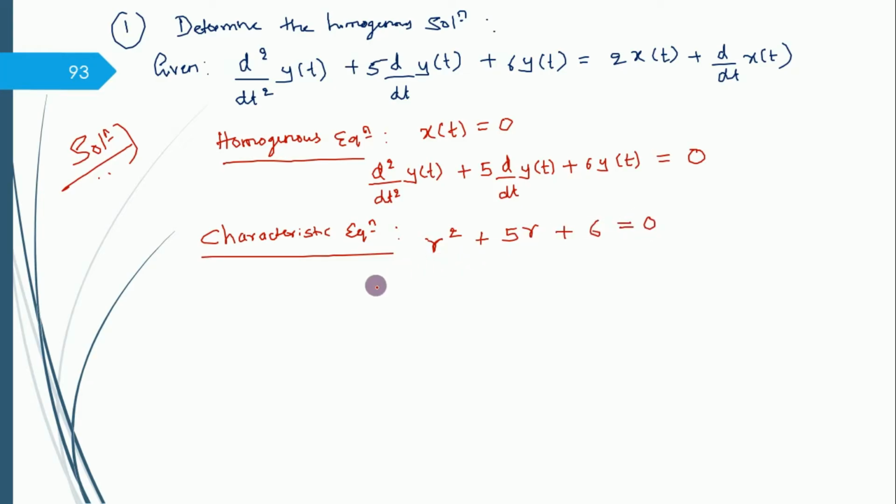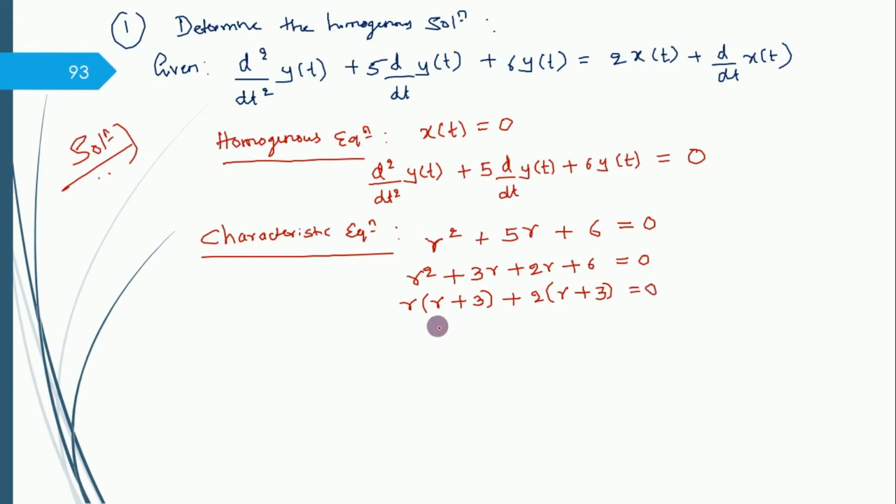Now solve this characteristic equation with factorization or whatever method you are comfortable with. So r square plus 5r plus 6, I can write as r square plus 3r plus 2r plus 6. By factorization, if I take r common, I get r plus 3, and if I take 2 common, I get r plus 3, both equated to 0.